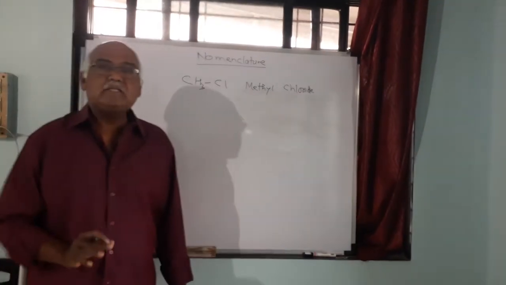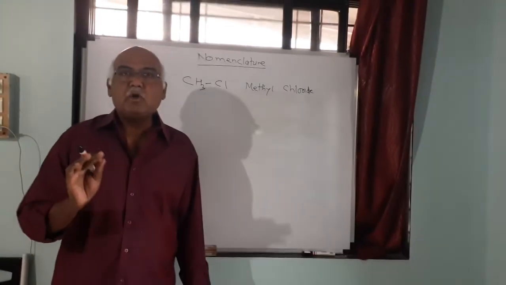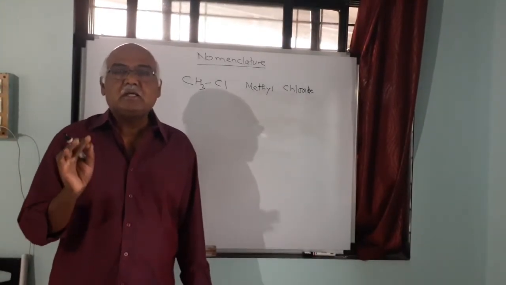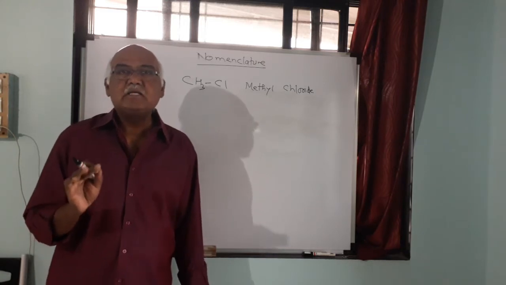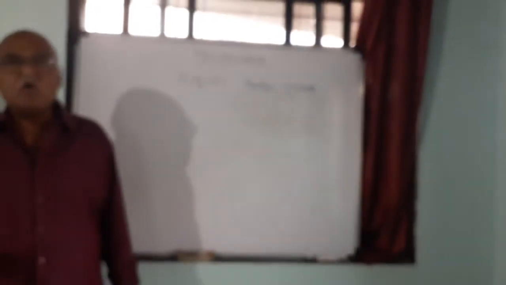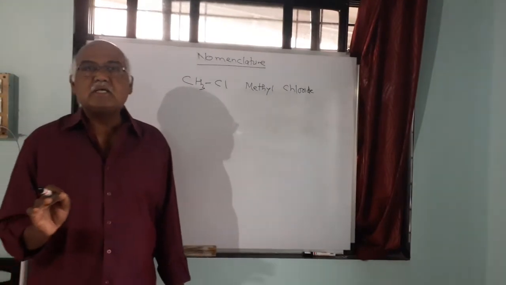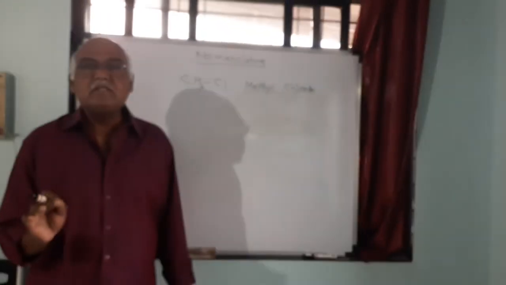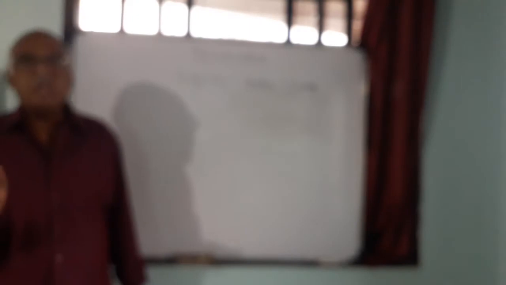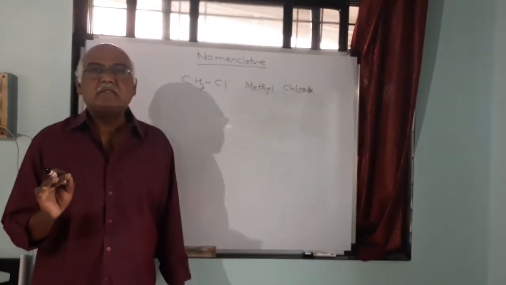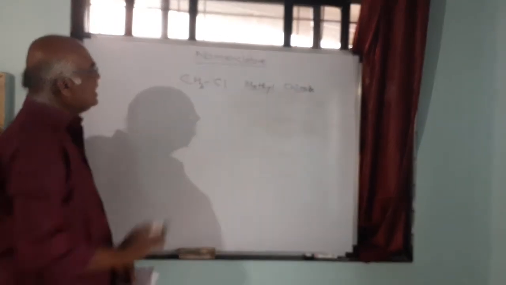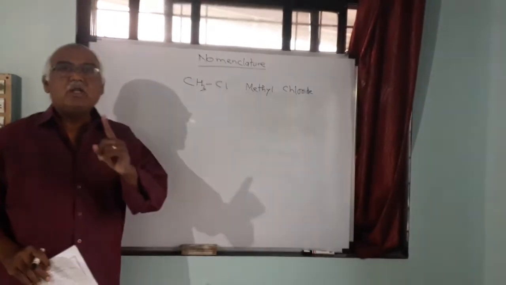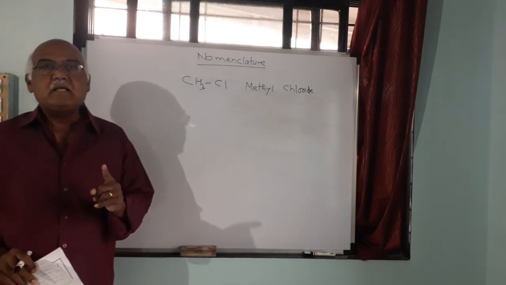Now in the IUPAC nomenclature system, you have to keep in mind that the compound is considered a derivative of alkane. This is the most important thing. Here in CH3Cl there is only one carbon atom, and the alkane containing one carbon atom is called methane.